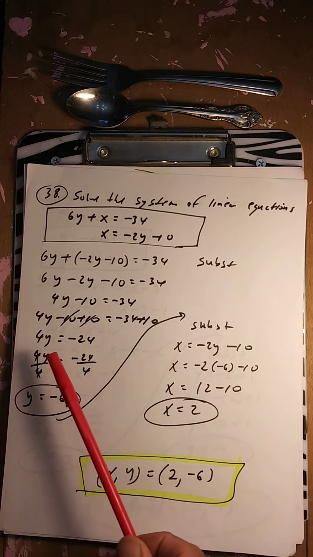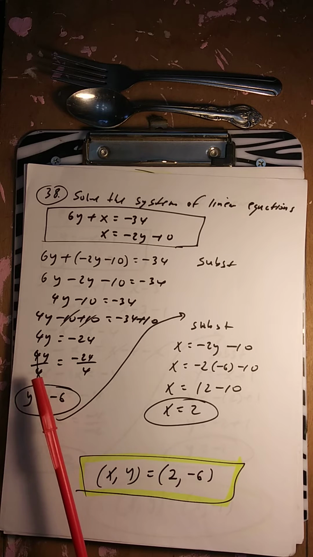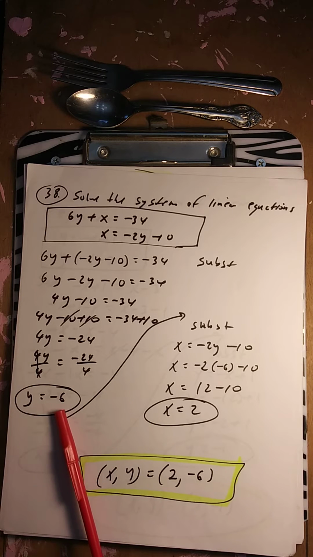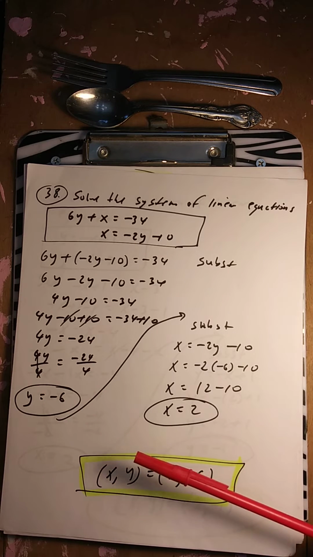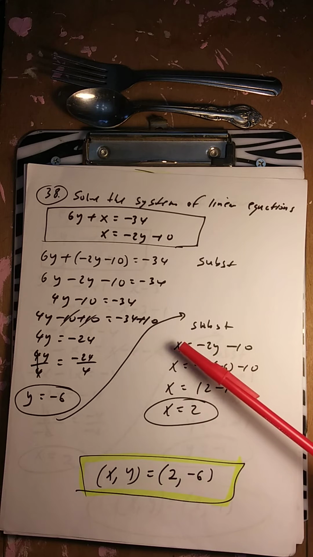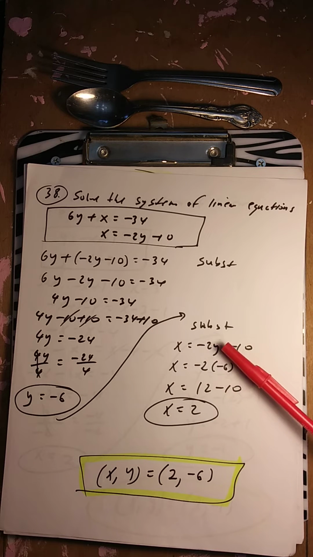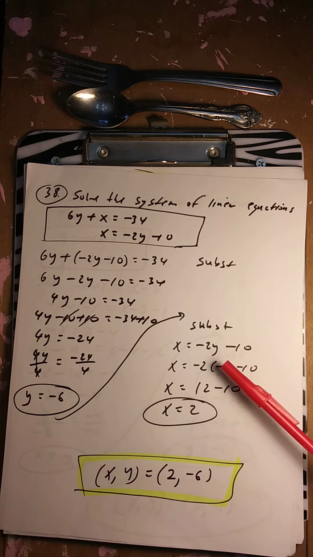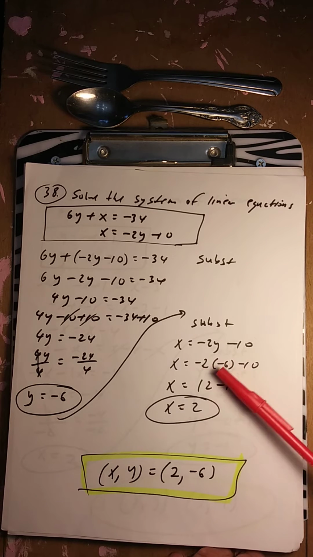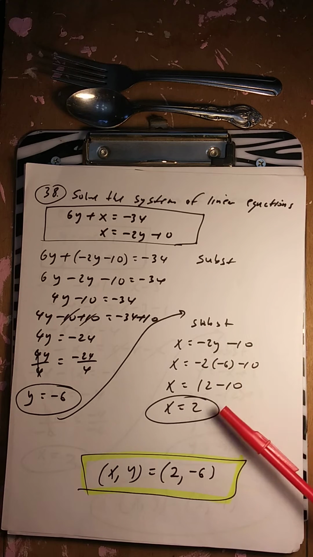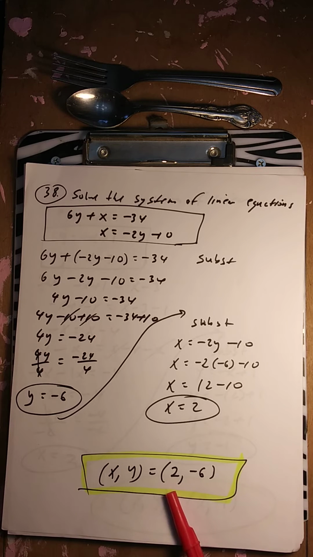Add 10, 4y equals negative 24. Divide by 4, so y equals negative 6. So now put it back in there. So x equals negative 2 times y, but we know that y is negative 6, so we replace it. That times that is going to be 12. 12 minus 10 is 2. So x, y is 2, negative 6.